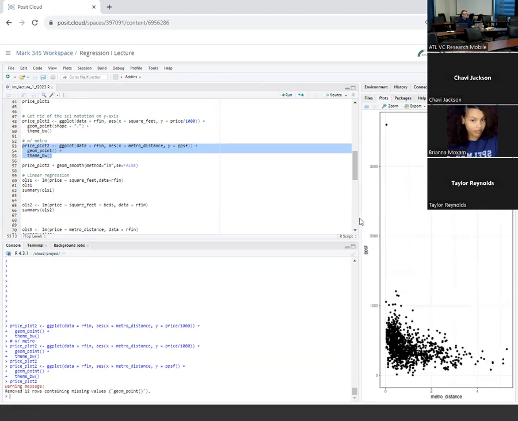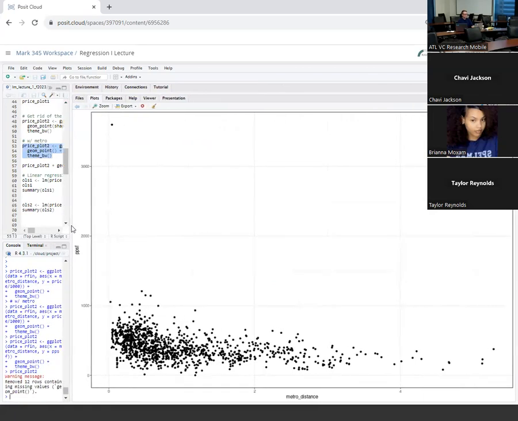And look at what we find here. Now, I still have this outlier way up here at the top. So the data that we're gonna be working with and that I showed earlier actually deletes that out. But if I just simply look at this area right down here, compared to what we had before, there seems to be a little bit more relationship here between the metro distance and the price per square foot than we saw between the metro distance and price. And it's not big, but at least it's there.